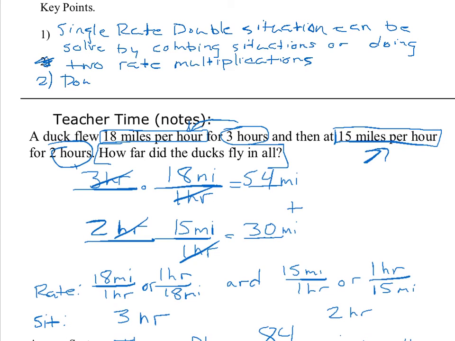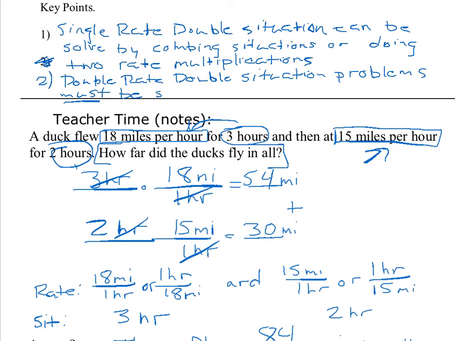Double rate, double situation problems must be solved with 2 rate multiplications.